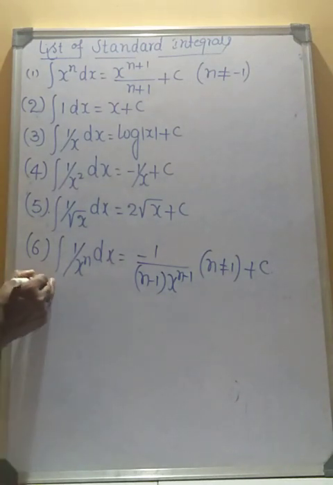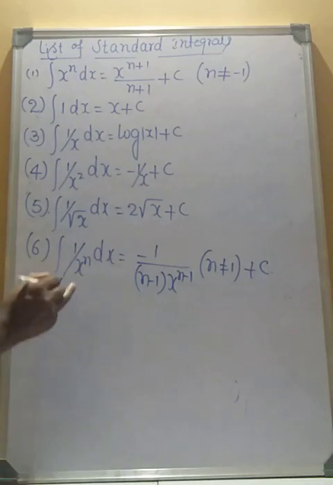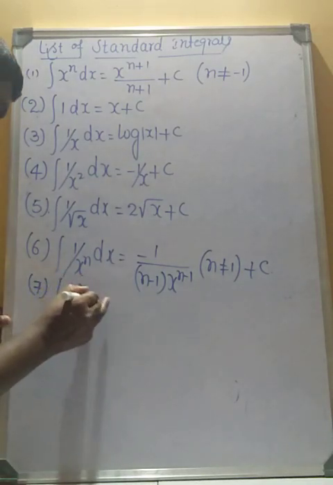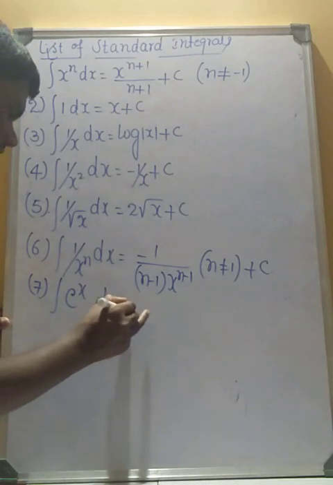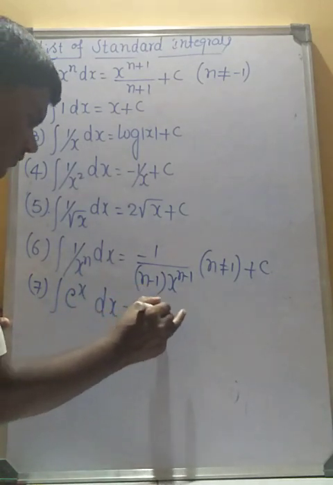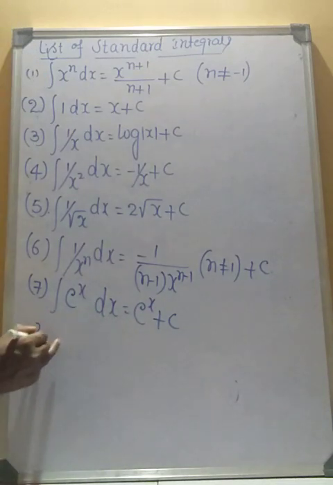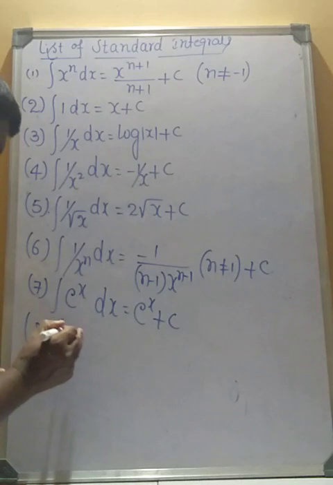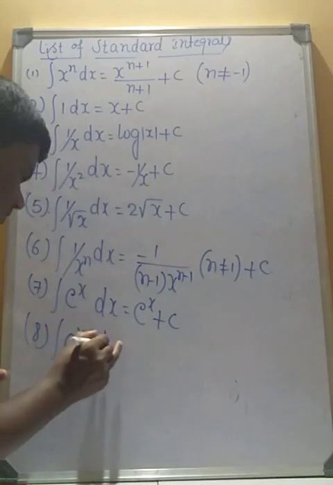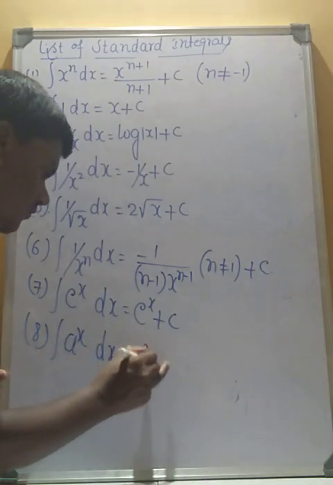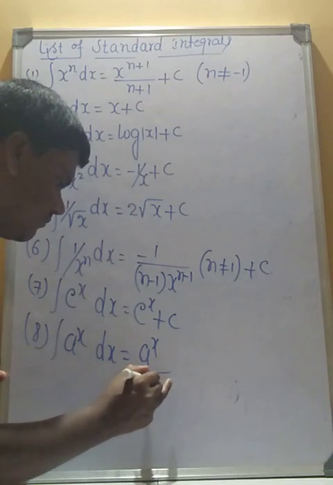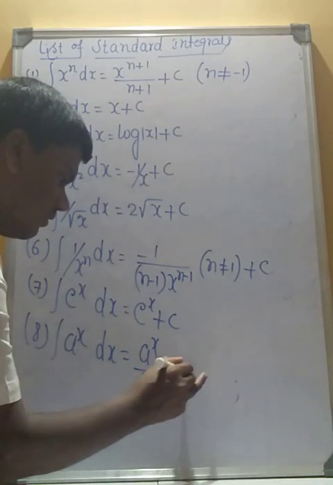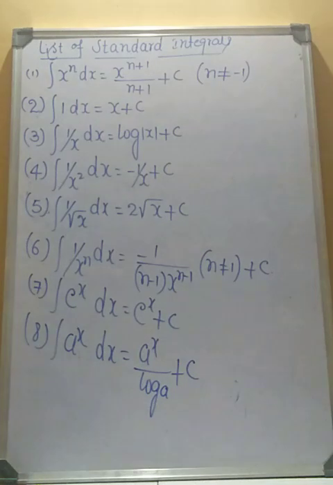The next, seventh one, integral of e power x into dx is equal to e power x plus c. Integral of a power x into dx is equal to a power x divided by log a plus c.